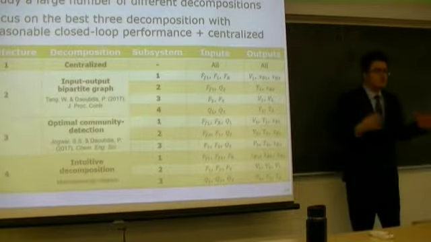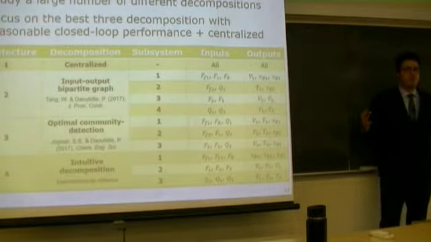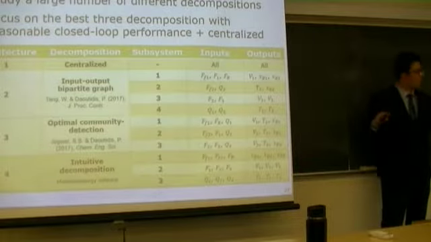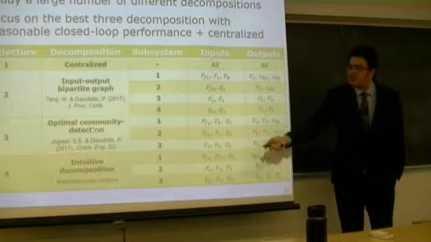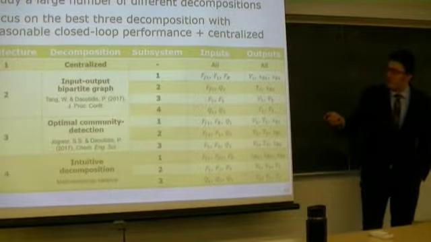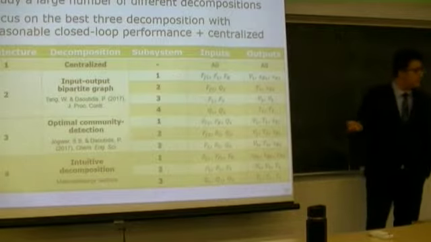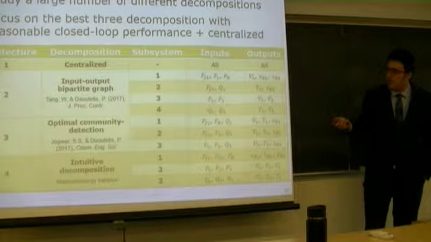When there is no decomposition, there is no subsystem, we are solving the dynamic optimization problem over the entire plant. But for these 3 decompositions, which were more suitable for this example, there are subsystems, and for each subsystem we need to design a distributed controller, where the distributed controllers can communicate over the network.